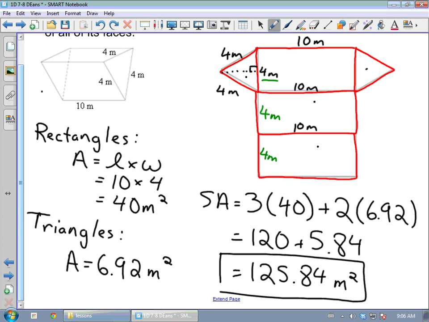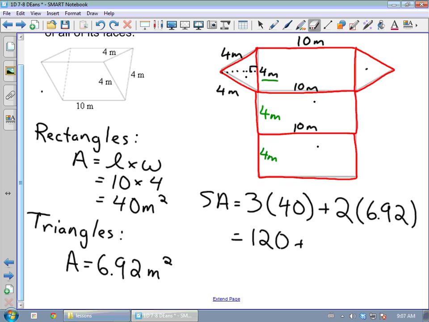Now, for this triangular prism, we had all three of our sides the exact same length. That's a good point. I don't know how I did that multiplication. Okay, so let's fix that.